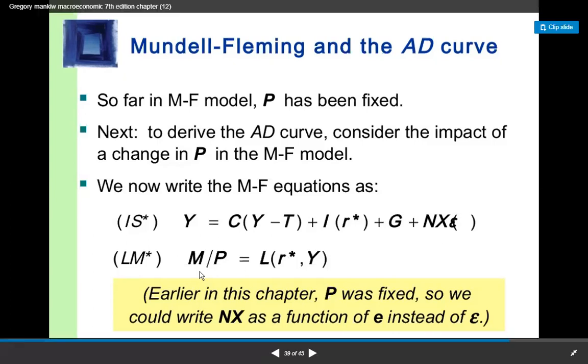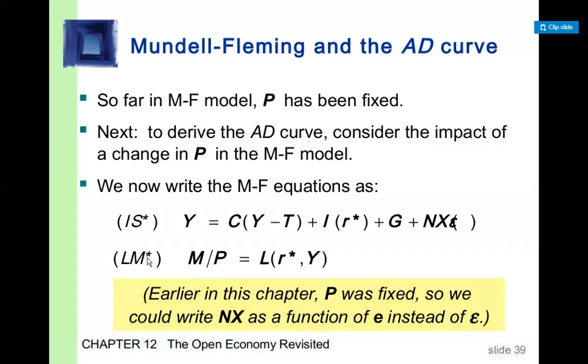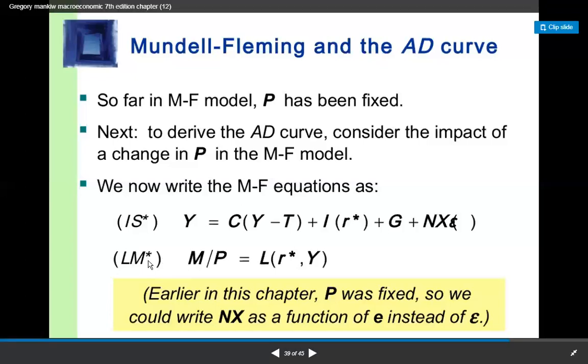Then the LM equation. With this LM and IS curve, we are interested in deriving the aggregate demand curve. So we treat the IS curve and LM curve with stars differently. Here, money supply in the LM curve is where money supply is equal to money demand.